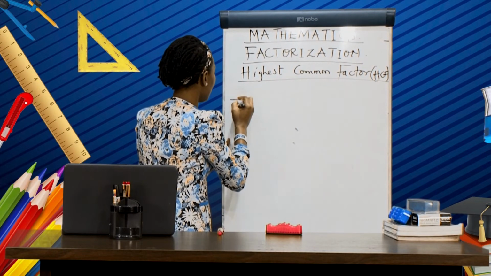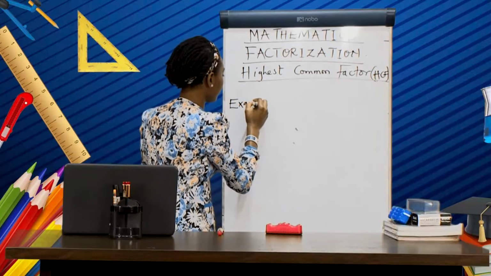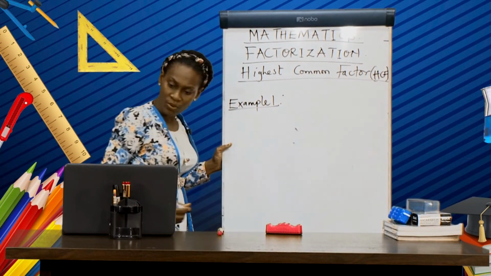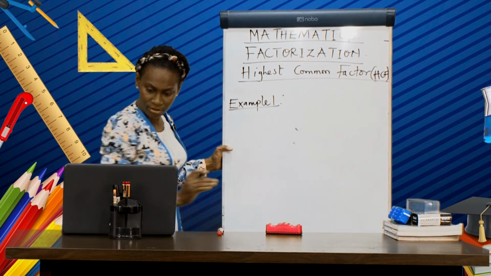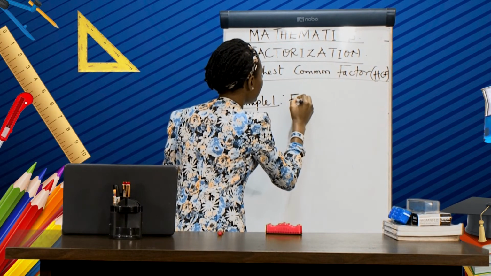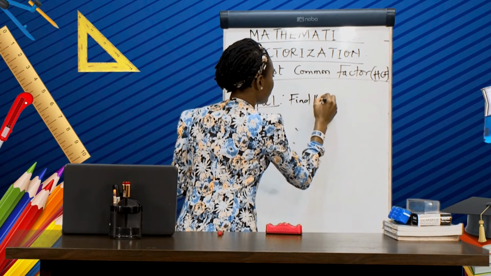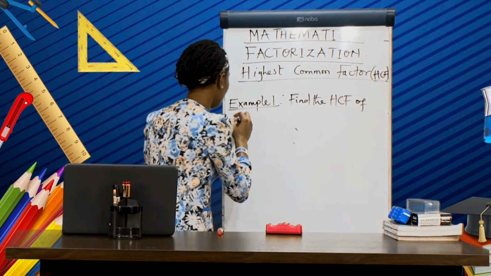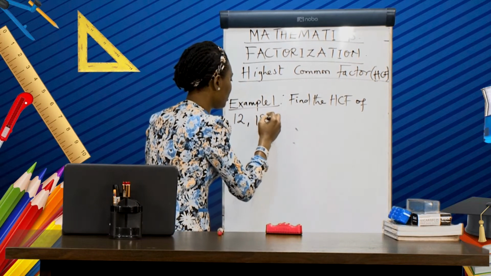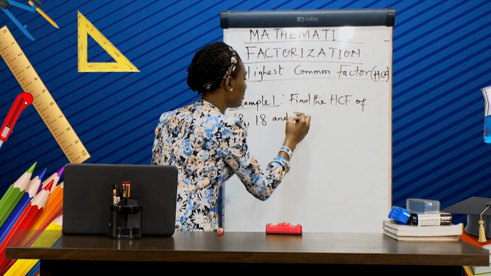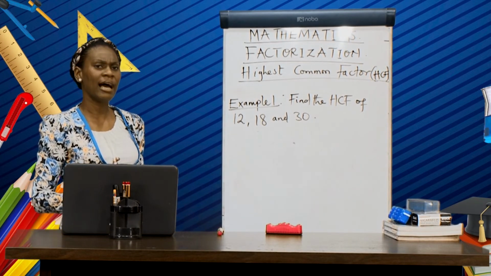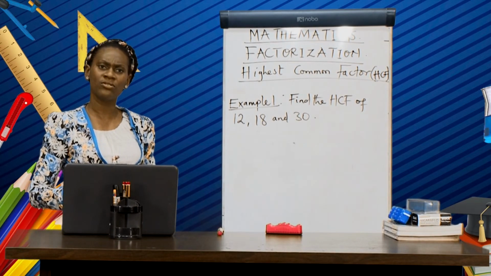Let's look at example 1. We are given the numbers 12, 18, and 30. Find the HCF of 12, 18, and 30. How do we solve this?